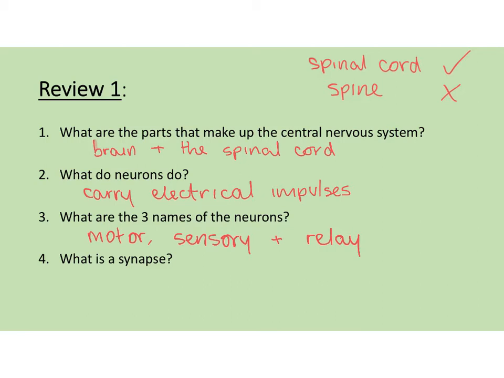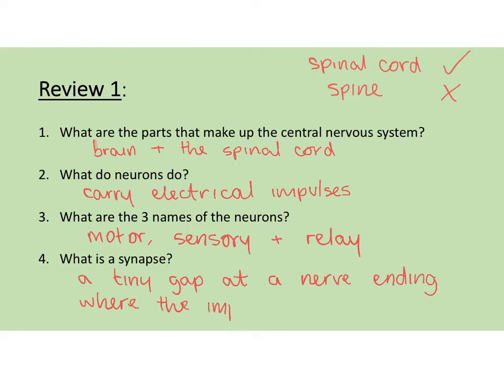And number 4, what is a synapse? So a tiny gap at a nerve ending where the impulse chemically travels across.